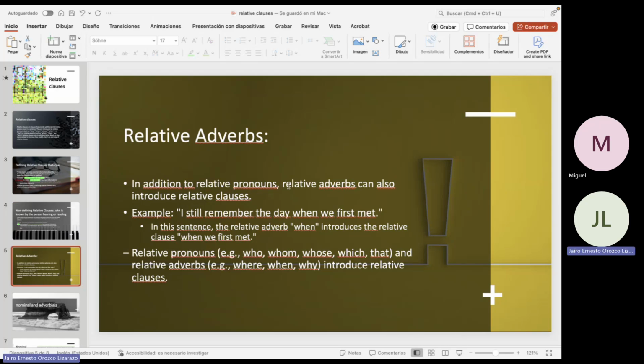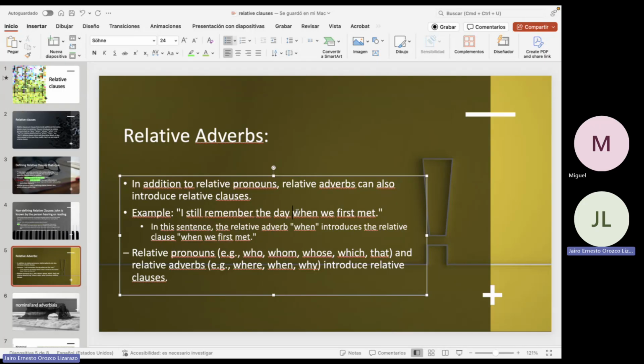In addition to relative pronouns, relative adverbs can also introduce relative clauses. In this case, we have "I still remember the day when we first met," right? So in this case, this is important information. Why? Because if we omit this information, the sentence doesn't make sense. If you only say, "I still remember the day," right? Then the person will say, what day?